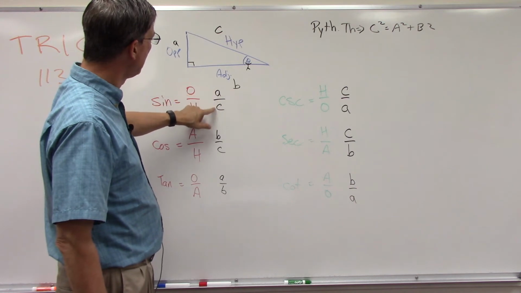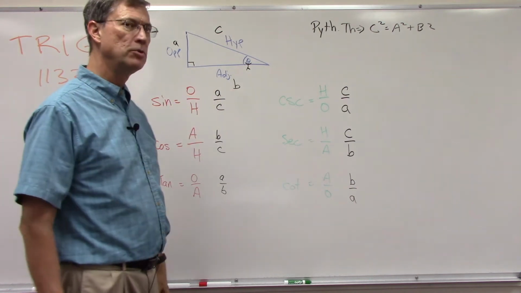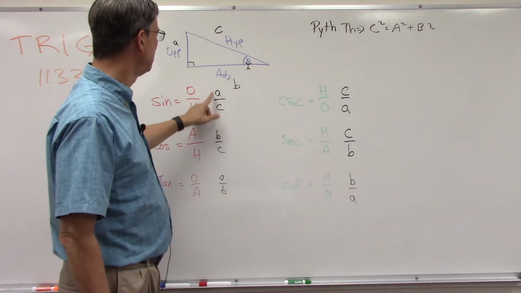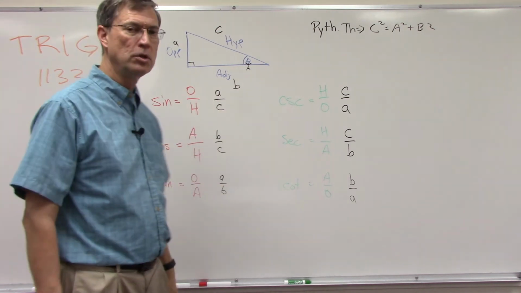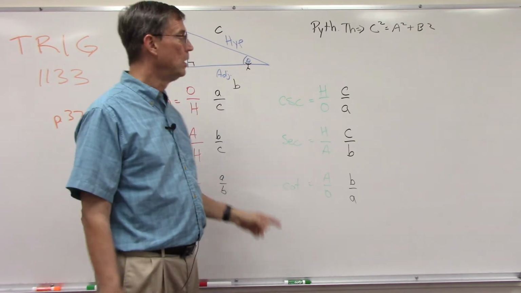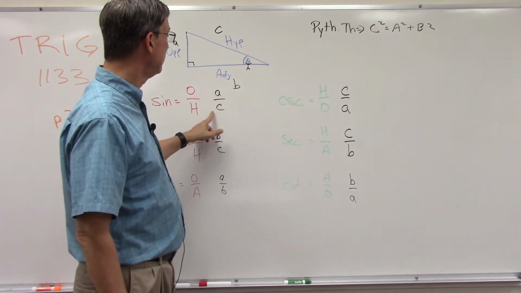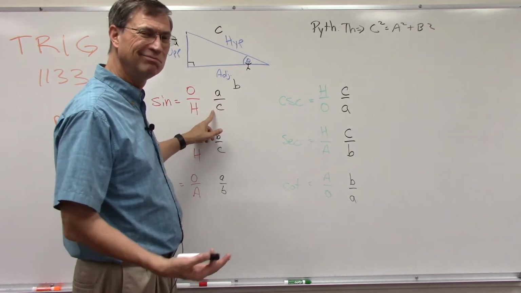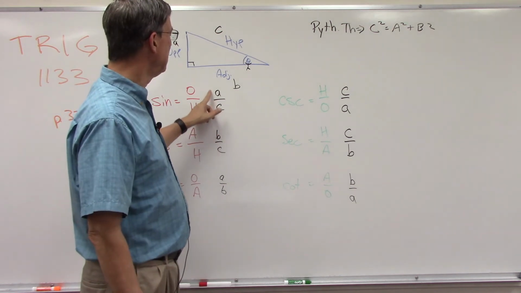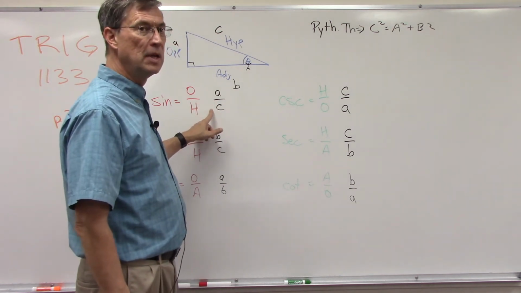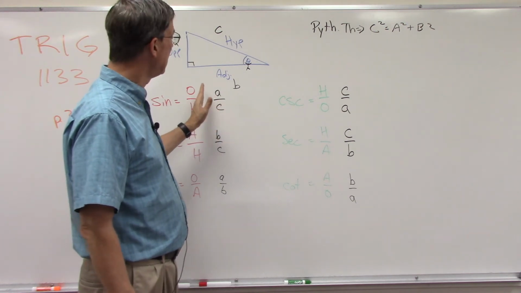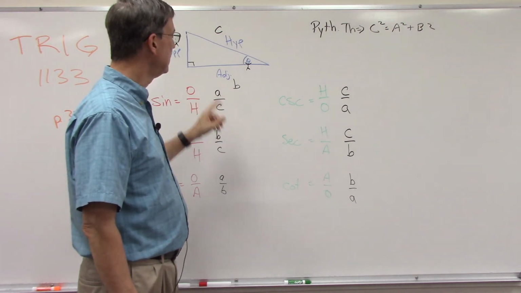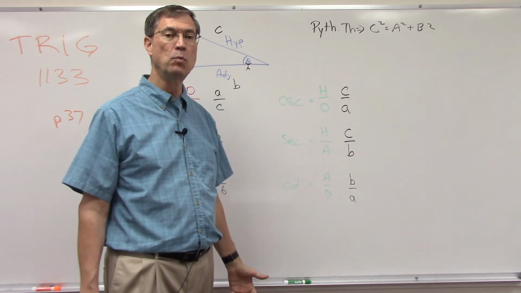So, A divided by C, picture that as a fraction, this has to be smaller than this, which means that the value of this fraction is always going to be less than 1. We might have 4 over 5, we might have 2 over 7, see what I'm saying? We could have 89 over 90. All of those would work because C has to be bigger than A, and in every single case then the sine is going to be less than 1.